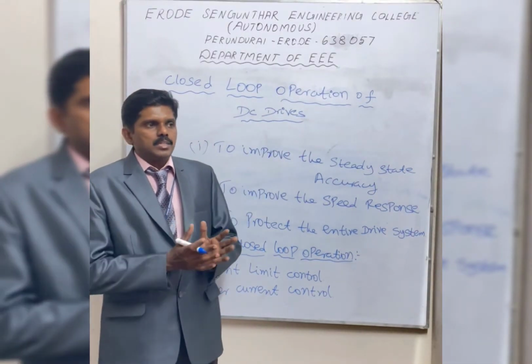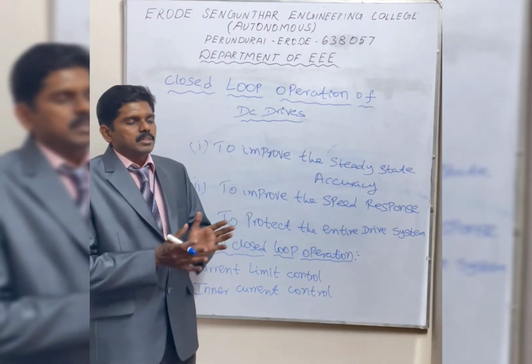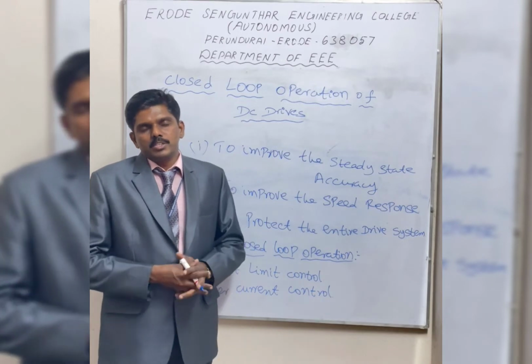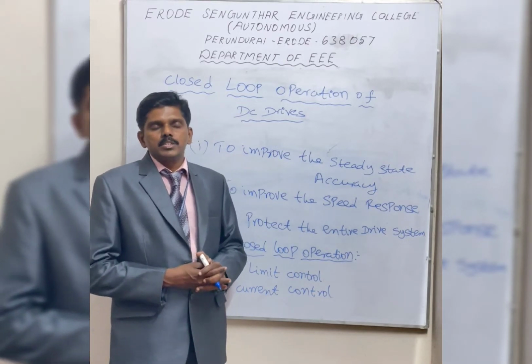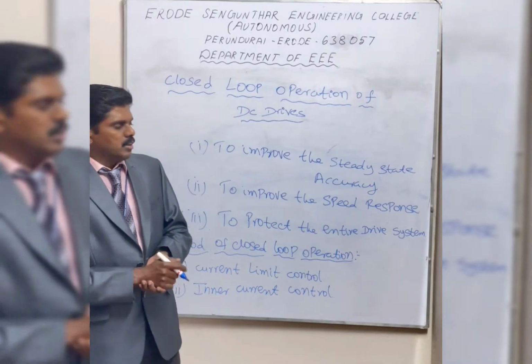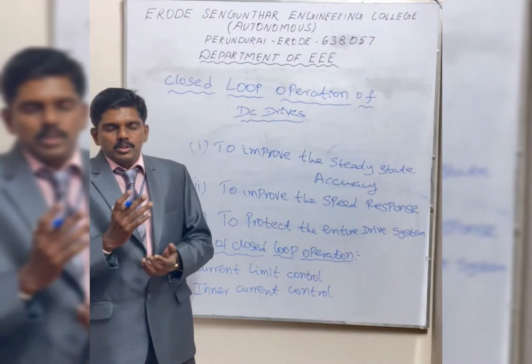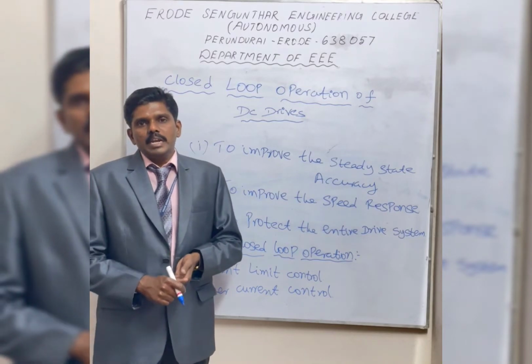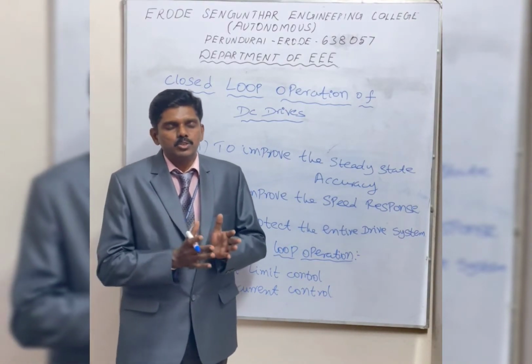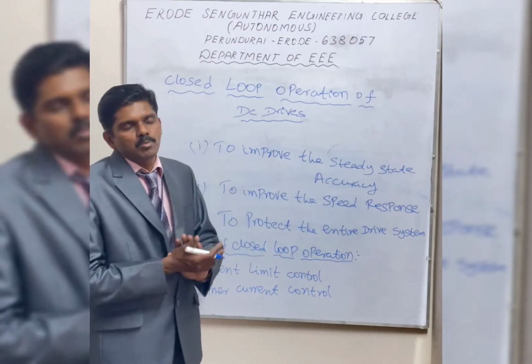The basic concept of this closed loop operation of the DC drive is nothing but to control the speed of the DC motor. What methods do we have for controlling the speed of the DC motor? Mainly armature control and field weakening control. This we already know.